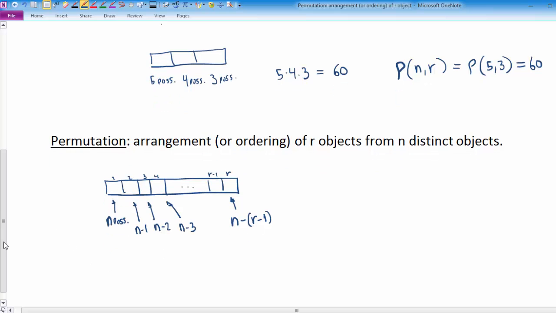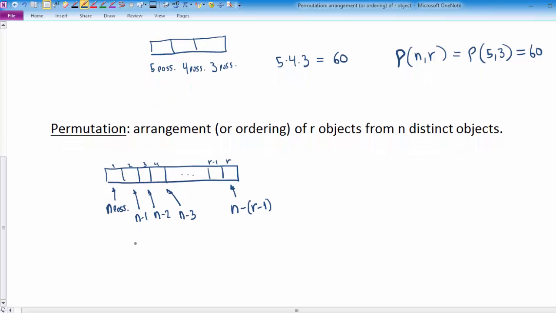And again, according to the multiplication principle, we can find the number of permutations. So here's the number of permutations of R objects taken from N objects: N times N minus 1 times N minus 2.